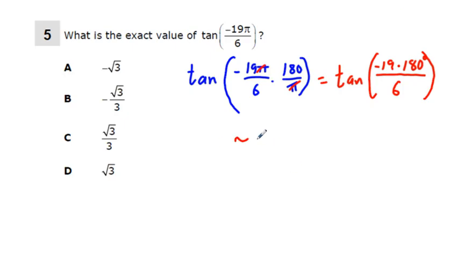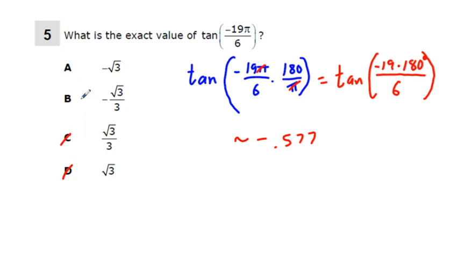So not 5.77, but negative 0.577. That's better. And obviously answer choices C and D are positive.